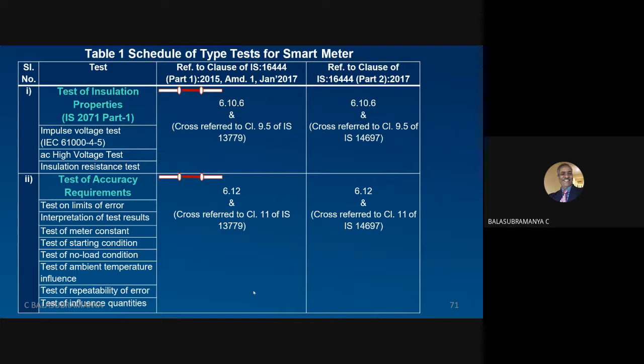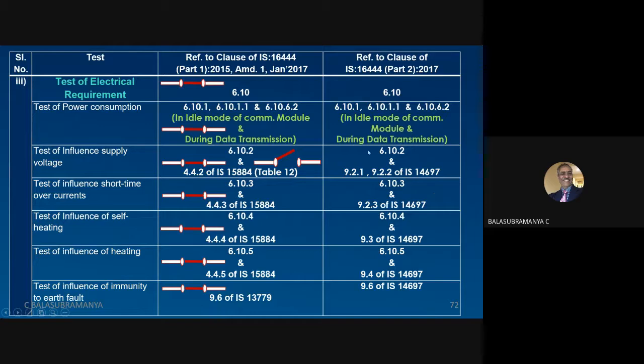So these are all the type tests done on the meter. And you can see in some cases we have the switch open condition also. Integrated testing will call for these things. Okay, power consumption, influence quantity, and you have the power supply management and self heating. All these things are done according to the clauses given in the schedule.